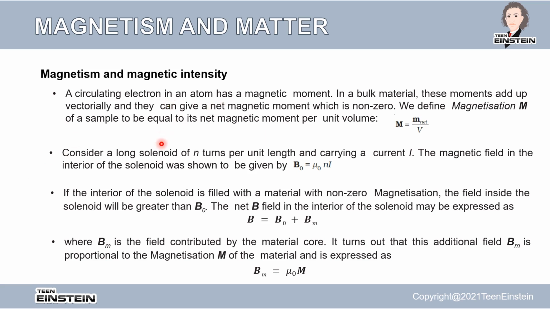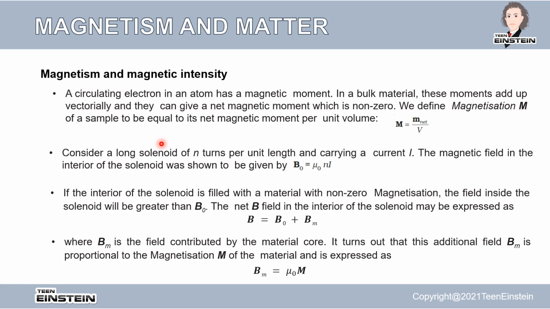In a bulk material, these moments add up vectorially and they can give a net magnetic moment which is non-zero, because a bulk material is nothing but a collection of atoms, molecules, right? So if you have one atom and there are some electrons revolving around the nucleus, it's going to give rise to a magnetic field, magnetic moment.